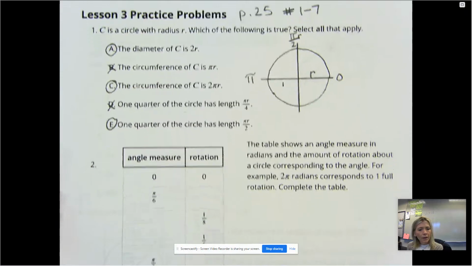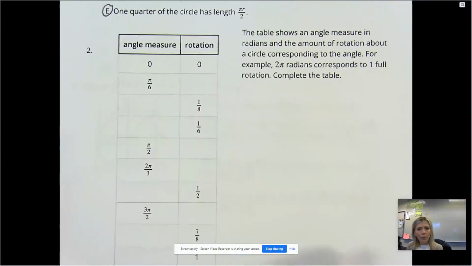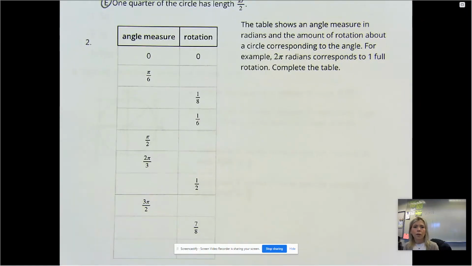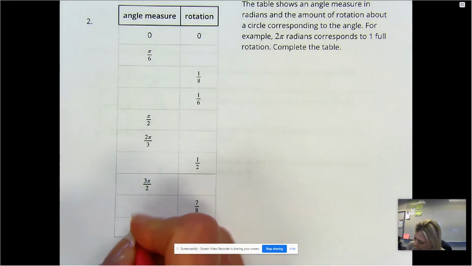Here on number 2, we have an angle measured in radians and the amount of rotation about a circle corresponding to the angle. So we know, for example, 2 pi radians corresponds to 1 full circle. And so 2 pi radians angle measure is 1 full rotation of the circle. So I know down here, this is 2 pi.